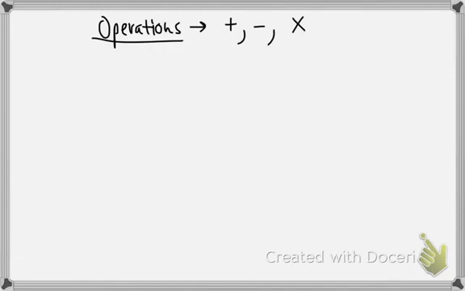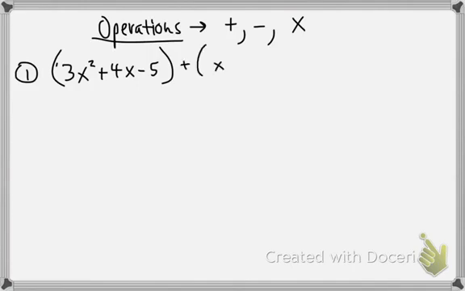Let's do example 1. Let's do 3x squared plus 4x minus 5 plus x squared minus 5. You know what? Let's make that a 6. Okay? So this is going to be similar to some other things we've done in class before.